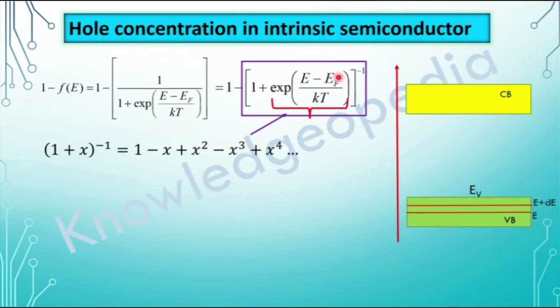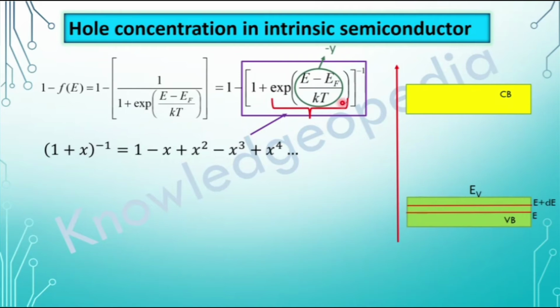If E is less than EF, what will be the sign of the numerator? That will be negative. So this function inside the bracket, that is (E minus EF) by kT, will have some negative value for all values of E. Let its magnitude be y, and it is negative because EF is always more than E.